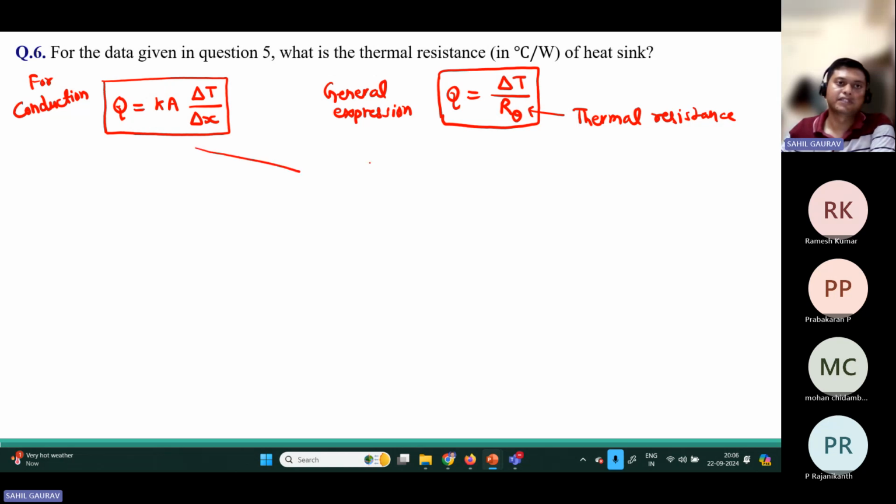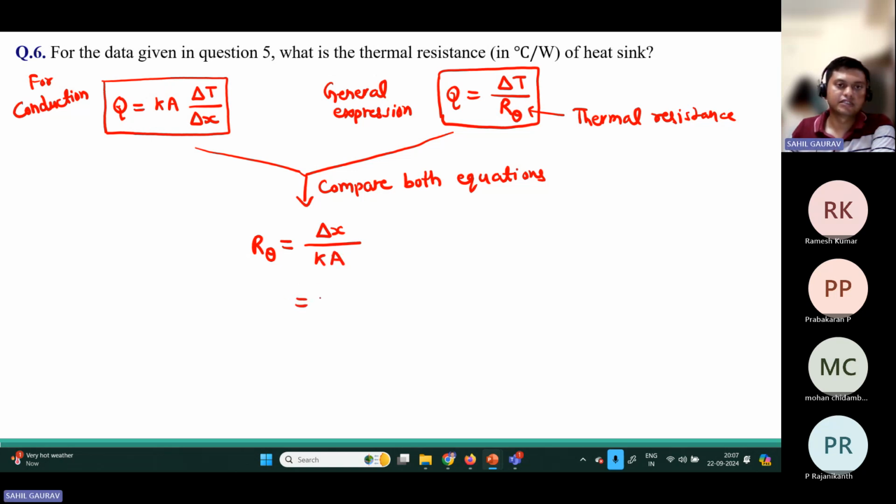So comparing both these equations, you get R theta as delta x upon KA.